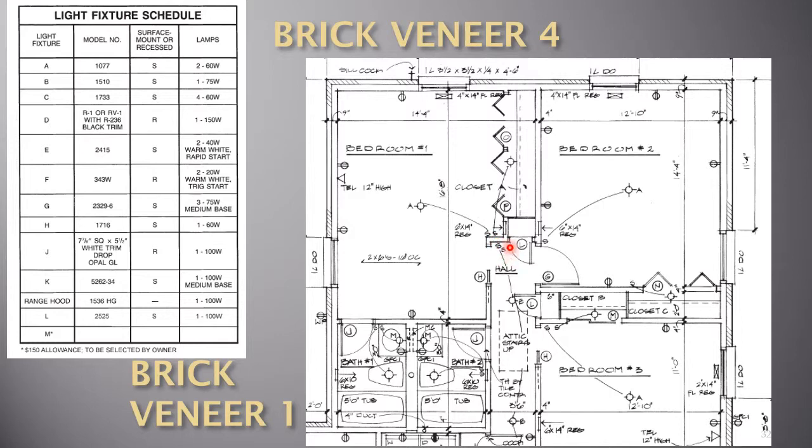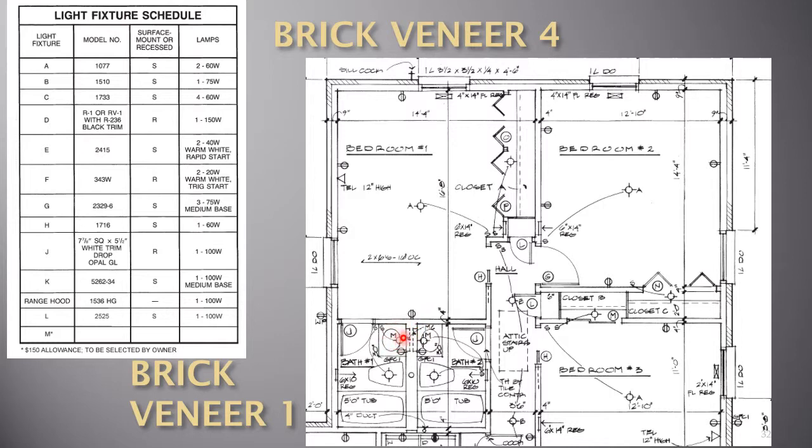S sub 3 means it's a 3-way light switch. These are basically 2-way light switches, on and off. This is a 3-way switch that can be turned on and off here or on and off at another switch.